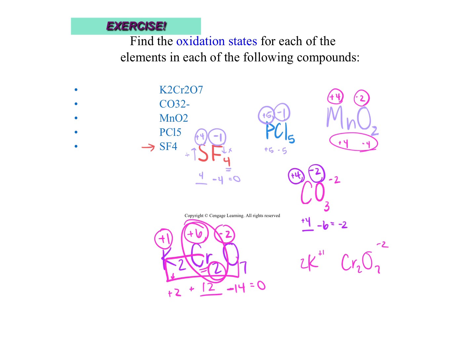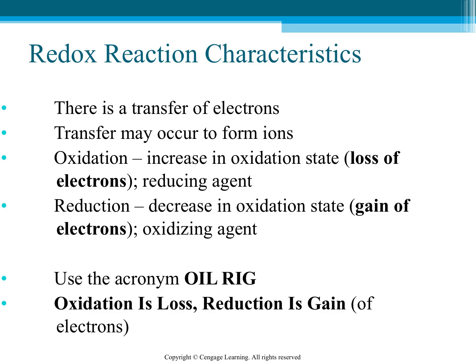So now let's figure out, once we know the oxidation states, how do we know what's a redox reaction? In order for there to be a redox reaction, there has to be a transfer of electrons. The transfer may occur to form ions, or it may occur to form uncharged things, going back to its basic state.